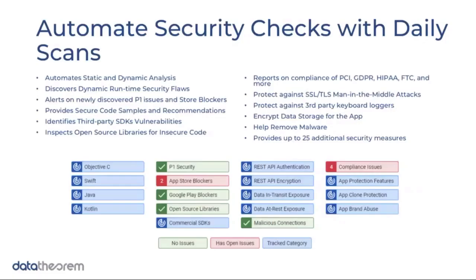So automate. Now here's a list of unit tests that we provide to our customers. Now, this is obviously not exclusive to Data Theorem. Most mobile application security companies are doing some of these things. Obviously, we think we do more of it, but the point is static and dynamic analysis is a no-brainer. The key thing are the objects on the bottom.